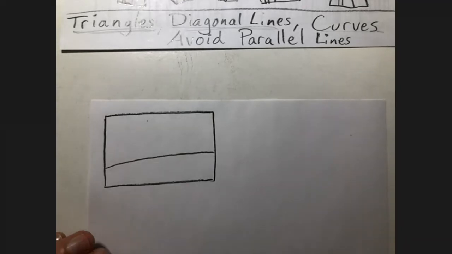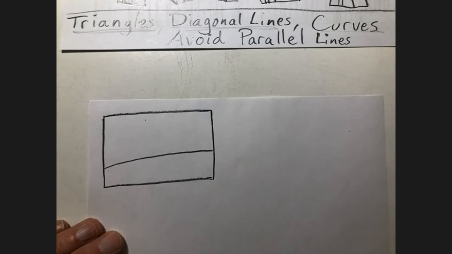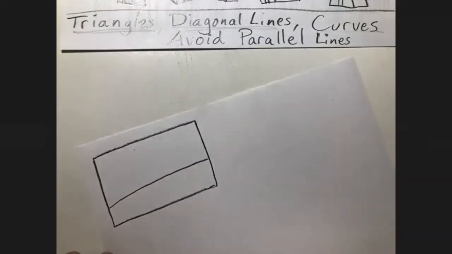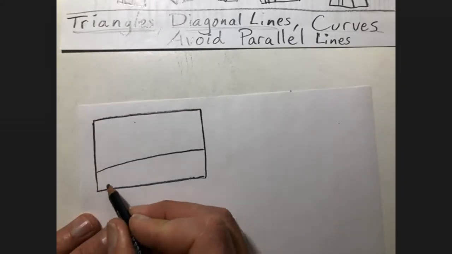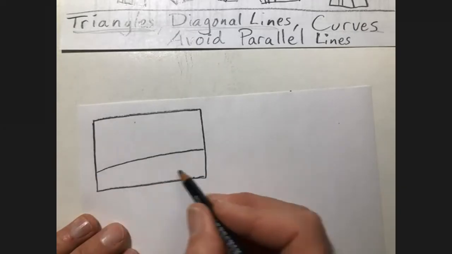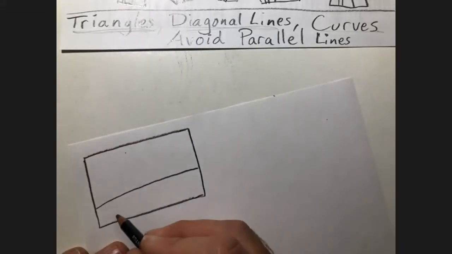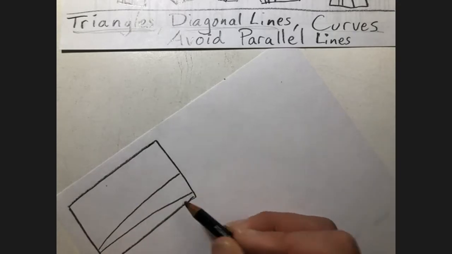Then we are going to divide a bit of this space, and we want to think of triangles, so let's not make it parallel. We can go in any direction. I can start way down here and get closer on that end, or the opposite. On one side I'm going to be a little bit closer, and I'm going to slope this one just a little bit that way.